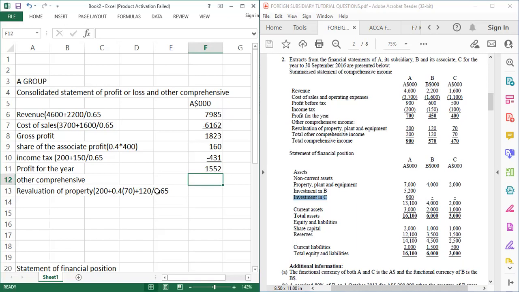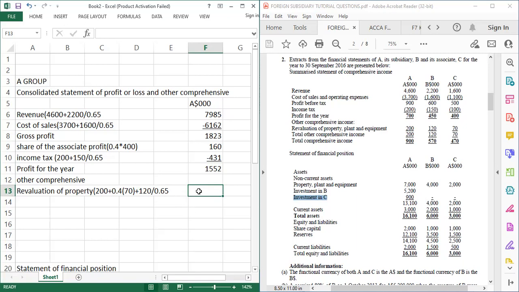All right. Let's now count to other comprehensive income. So for other comprehensive income, we translate the 120 divided by 0.65. What are we getting? 185. Yeah.